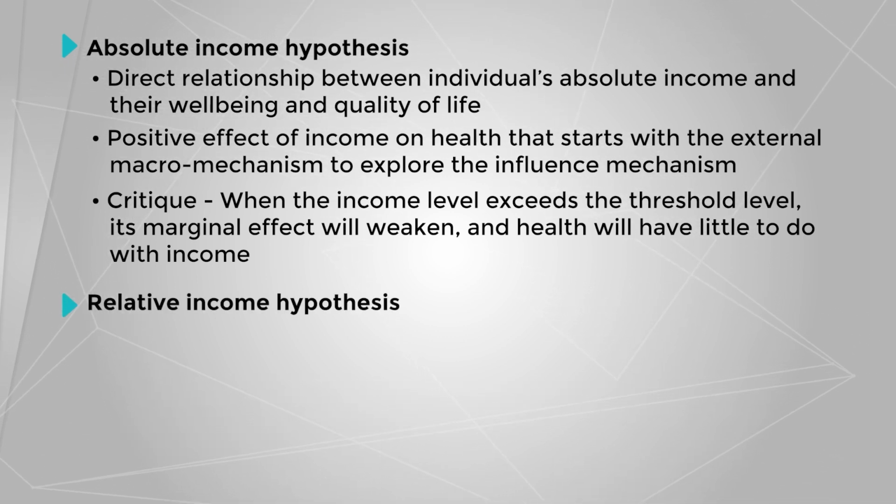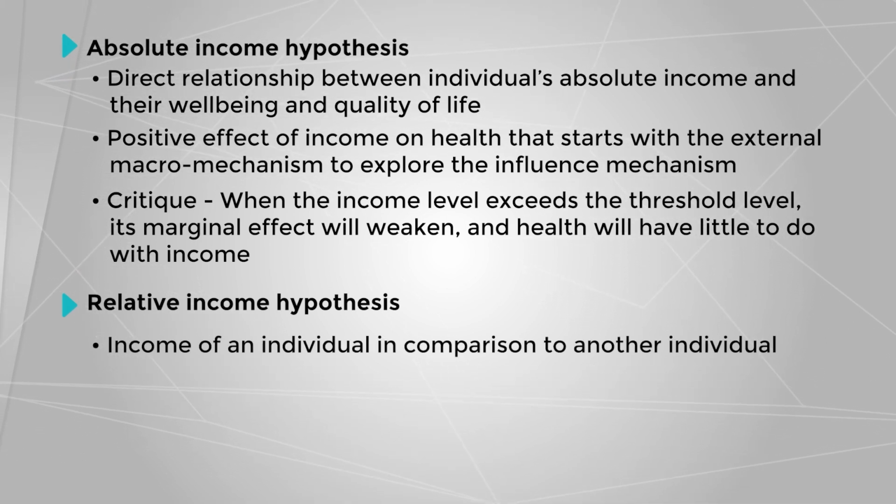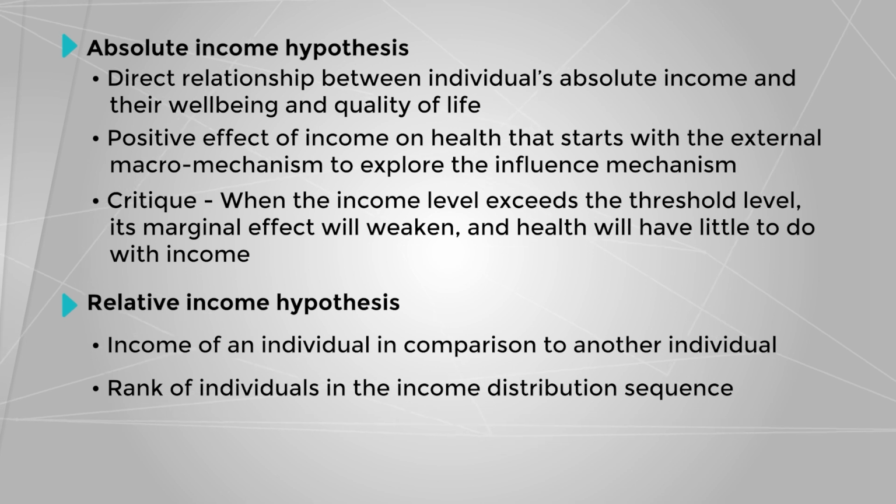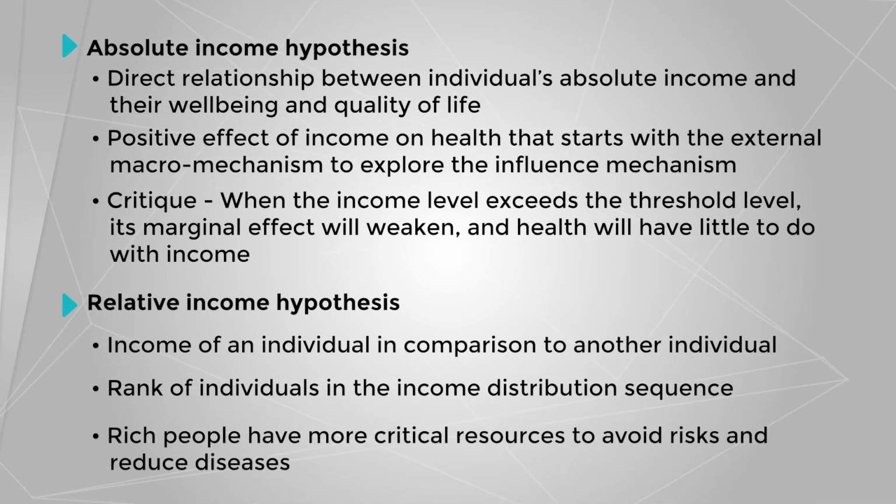On the other hand, the relative income hypothesis is based on relative income, that is, income of an individual in comparison to another individual. It is based on the rank of individuals in income distribution sequence. From this perspective, rich people have more critical resources, for example, knowledge, power, prestige, and favorable social relations to avoid risks and reduce diseases.